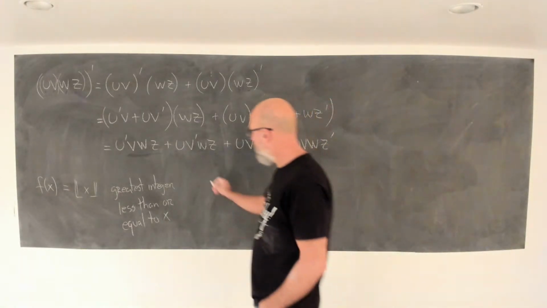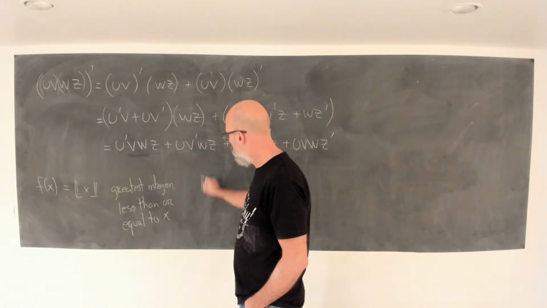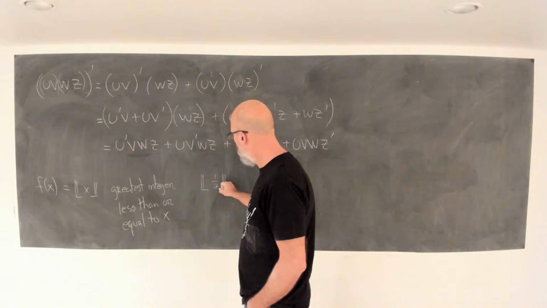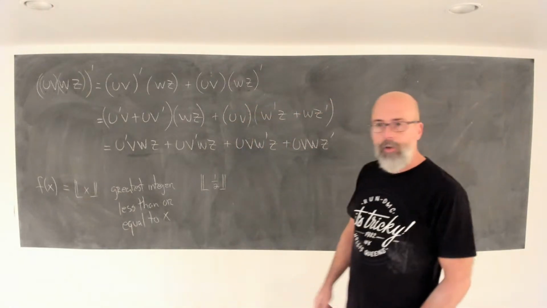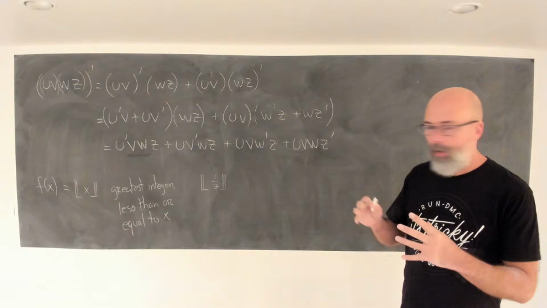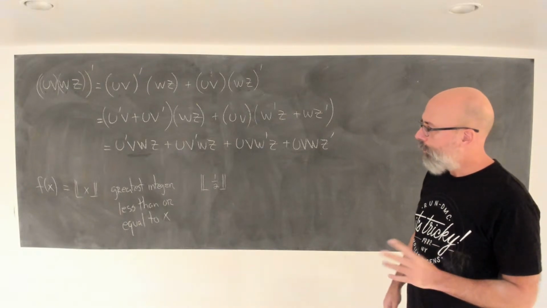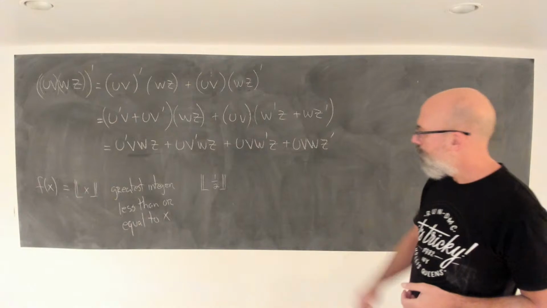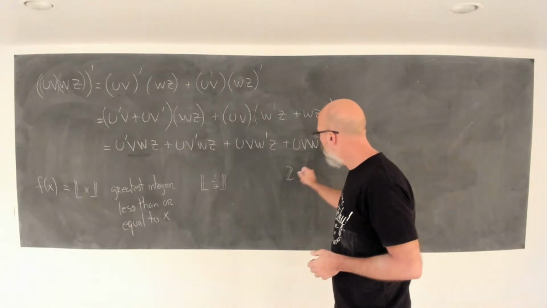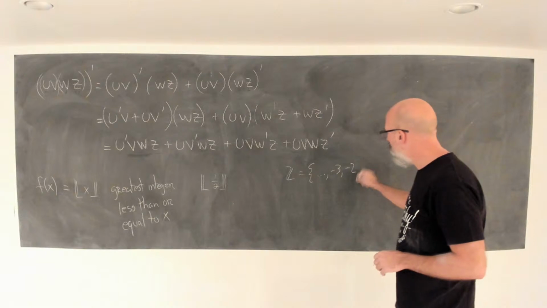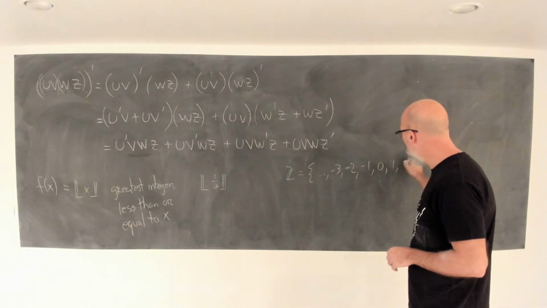Example. Greatest integer less than or equal to 1/2. You know the integers are the whole numbers and their negatives, right? So the integers, denoted by Z: -3, -2, -1, 0, 1, 2, 3.